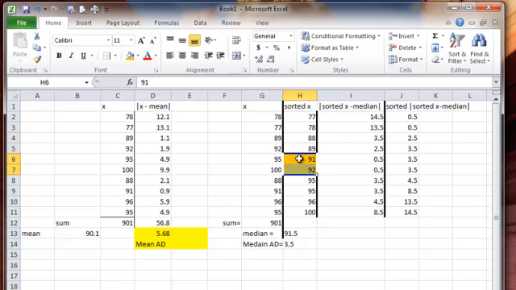Then I take 91.5 and I subtract it from each of these values here and take its absolute value. Then I want to sort that column and find the median of this column, where the median of this column would be these two. And of course, the average of those two is just 3.5. So that's how you find your median absolute deviation.